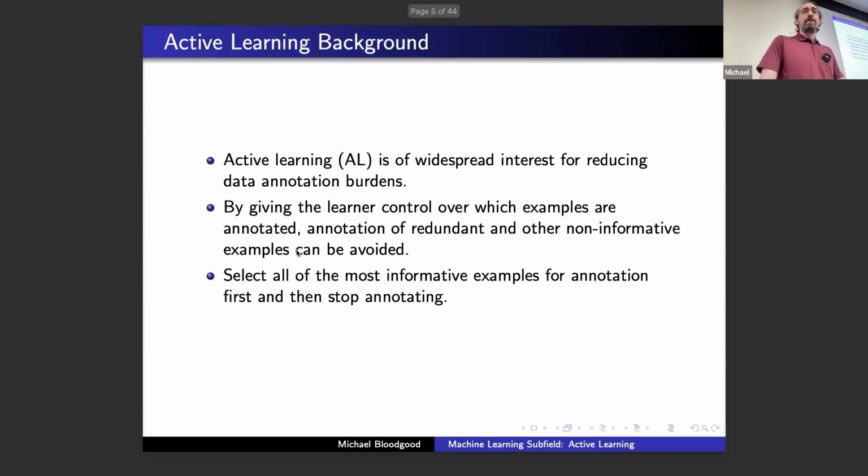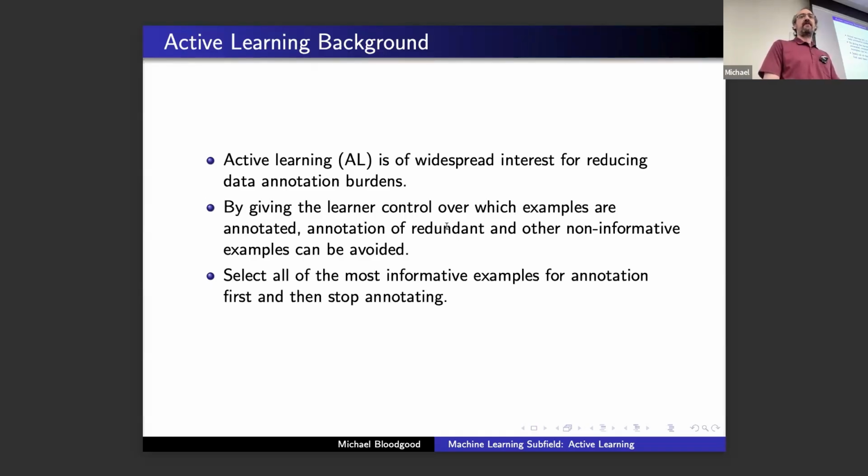And then the question comes up, okay, so what does active learning do? Active learning is of interest because it helps to reduce data annotation burdens. And this is by giving the learner, which is the machine, control over which examples are annotated or labeled. I'm using annotated and labeled interchangeably in this talk.